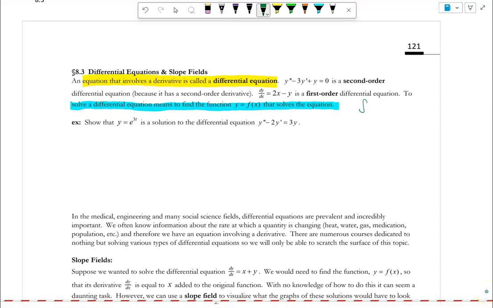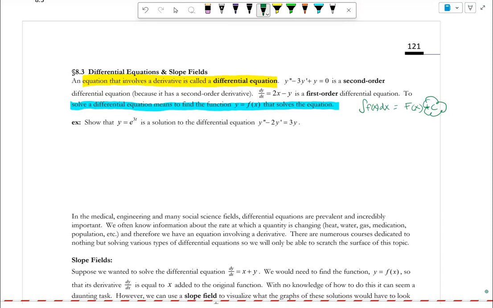We know, for example, that if we integrate some function f, we could get infinitely many antiderivatives F of x, so we always write that plus c, which allows for different constants of integration. However, we're going to work on finding specific or particular solutions to differential equations, which means we will have to find what that constant c is, because otherwise there are infinite solutions.